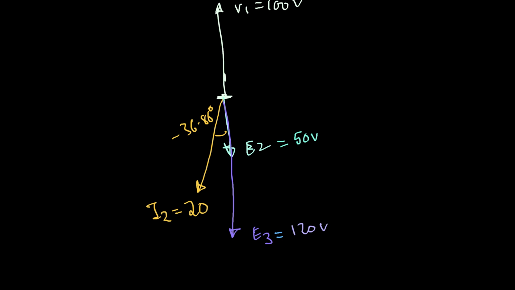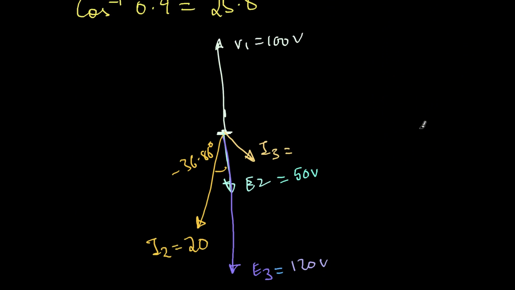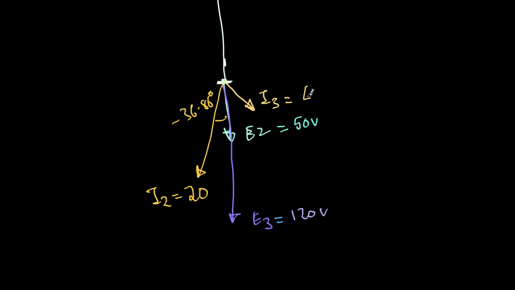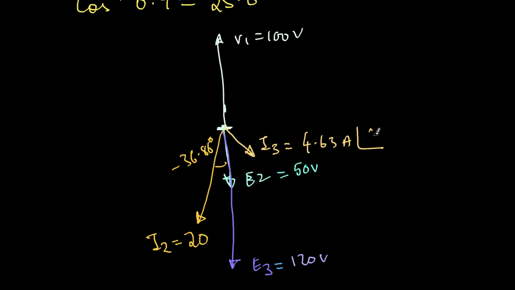On the other hand, the current I3 will be leading. So I3 equal to 4.63 amperes at an angle of plus 25.8 with respect to E3. So this angle is phi 3 and this is phi 2.